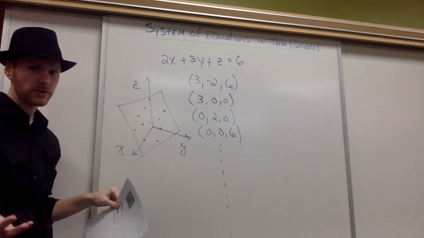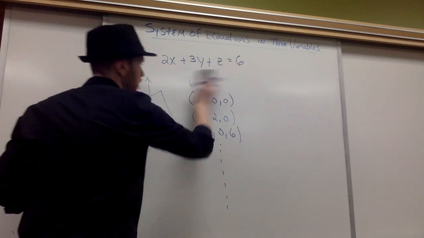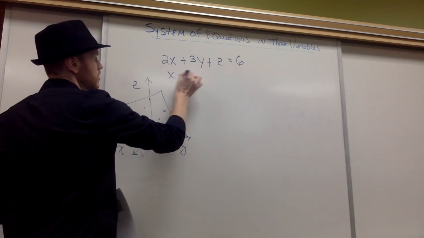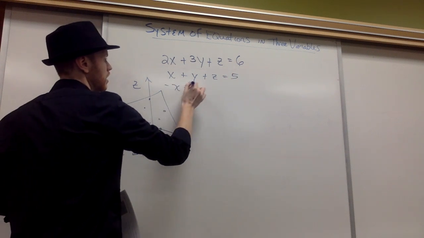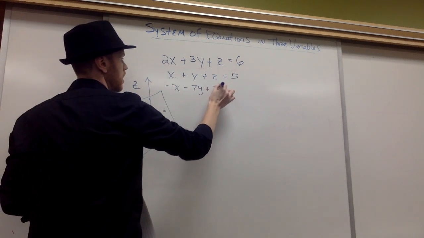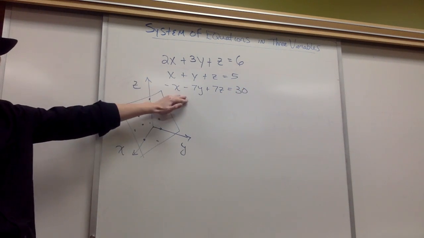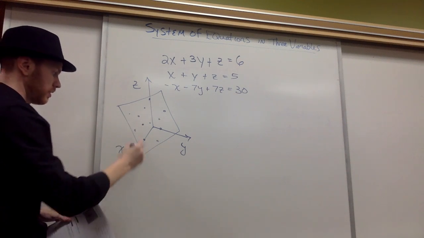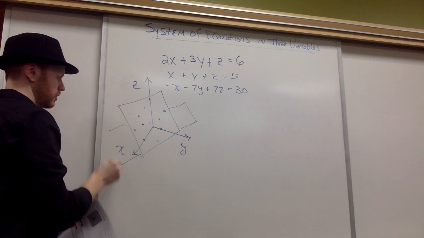Now, let's think about this a little bit differently. What would happen, let me erase this. Let's add this to the mix. If I add 2 more equations with 3 unknowns, now I have 3 planes in this picture.